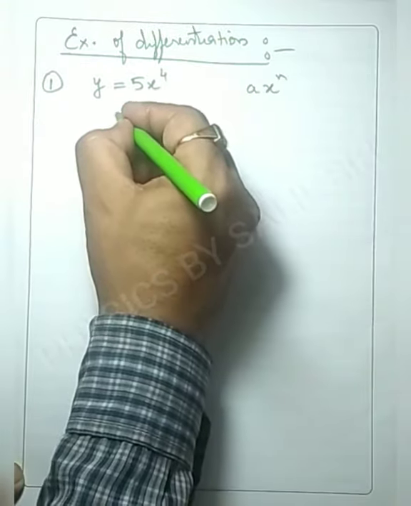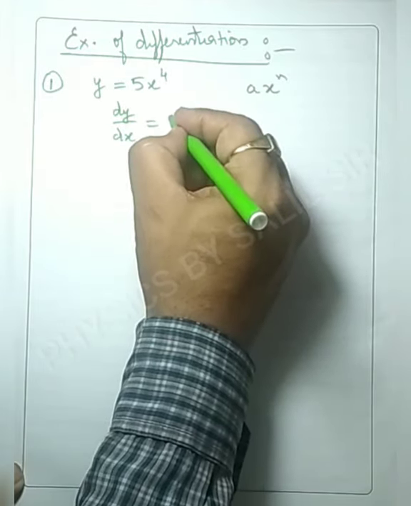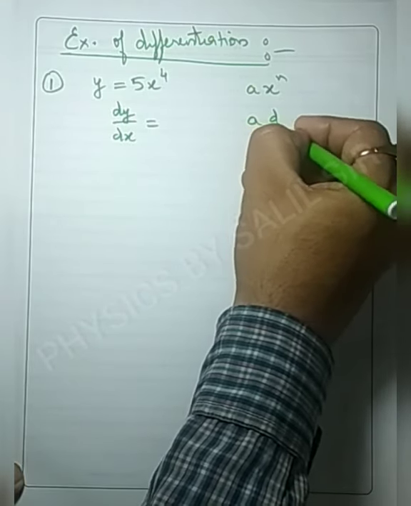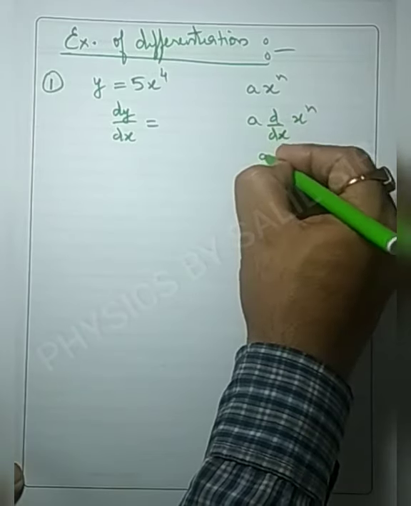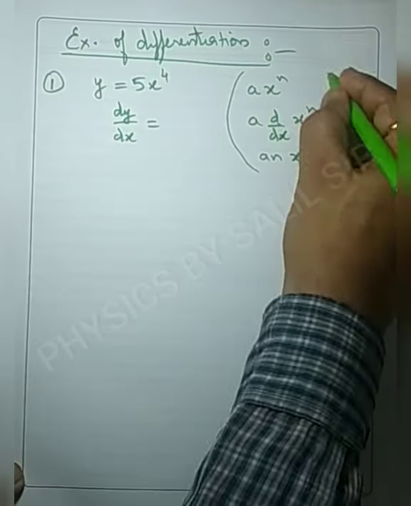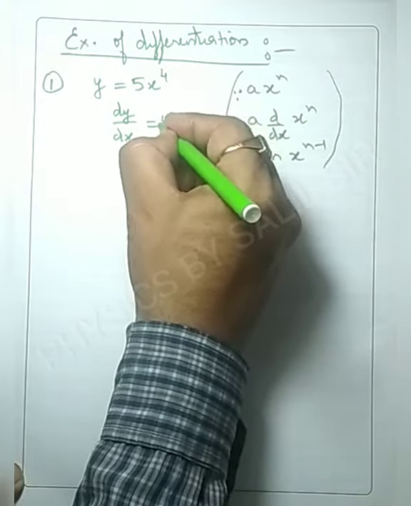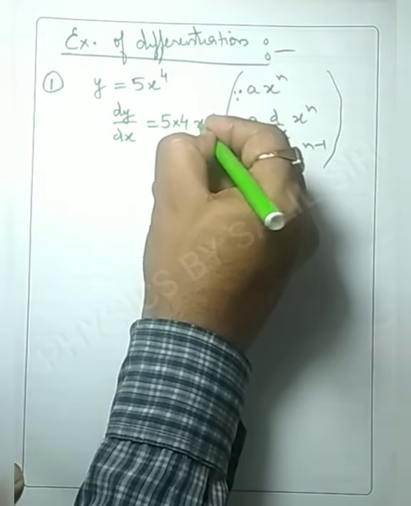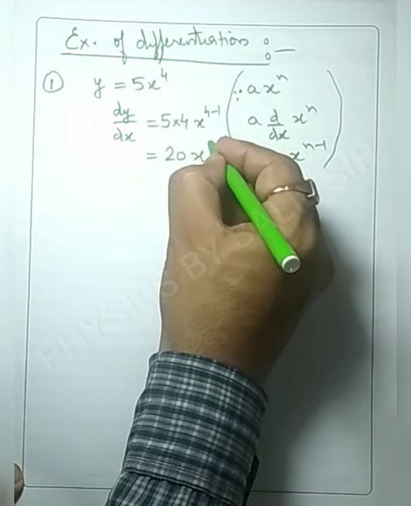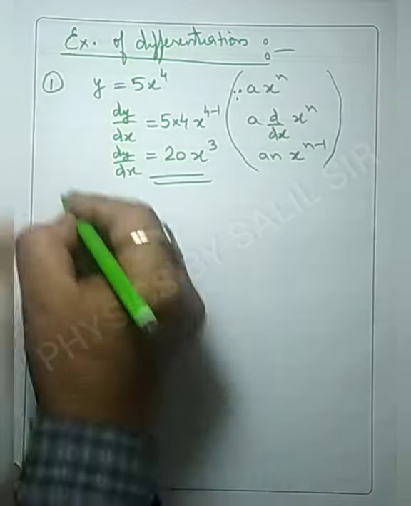If we want to differentiate this with respect to x, the rule is a d by dx of x to power n equals a n x to power n minus 1. This is the rule which we are applying. So it will be 5 into 4 x to power 4 minus 1, that is 20 x to power 4 minus 1, which is 3. So dy upon dx will become 20 x to power 3.